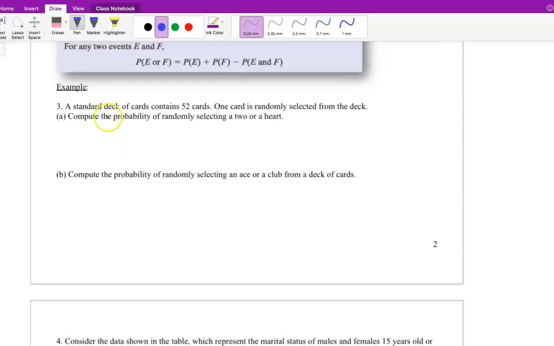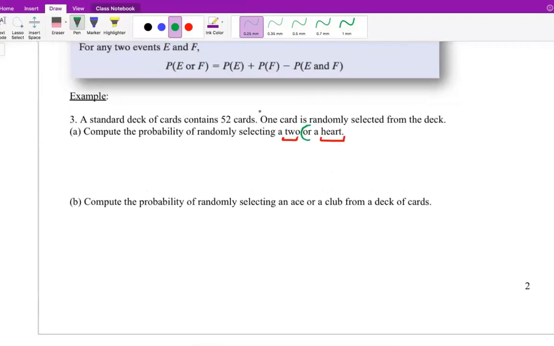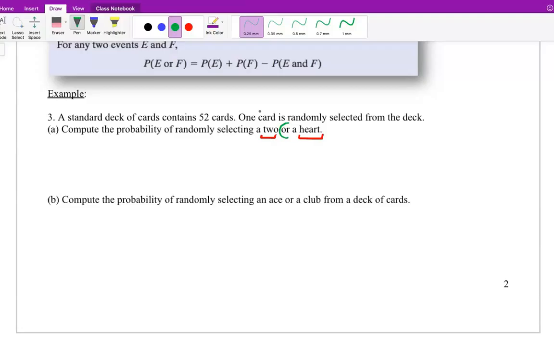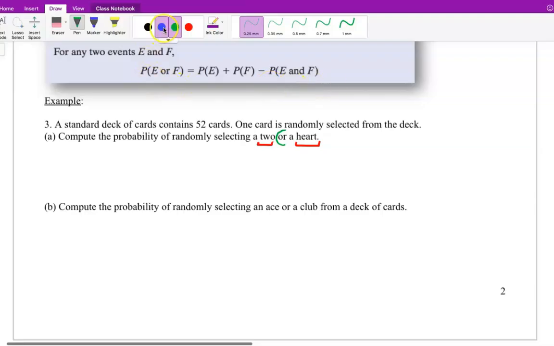Now example number 3, a standard deck of cards contains 52 cards. One card is randomly selected from the deck. Part A, compute the probability of randomly selecting a 2 or, here we have 2 or heart. Okay, I'm going to rewrite that part again, because I did the same thing on the first page, showing what OR and AND is.